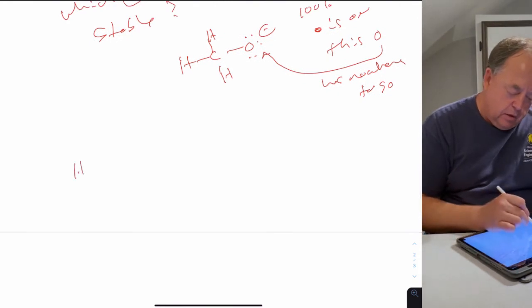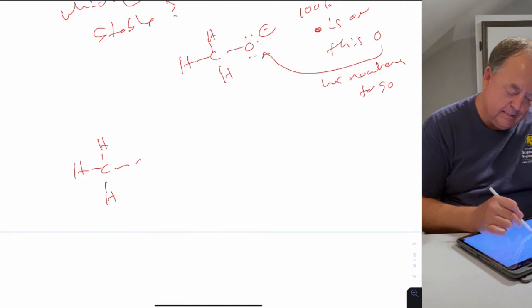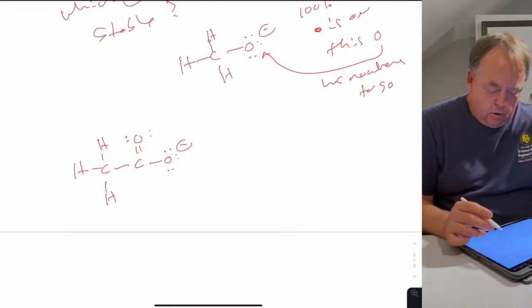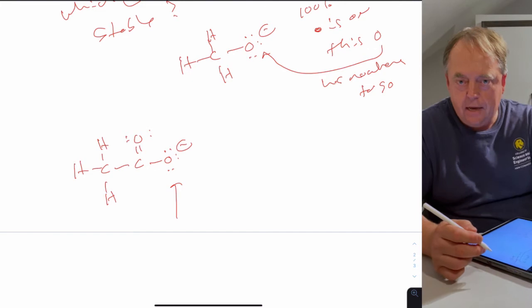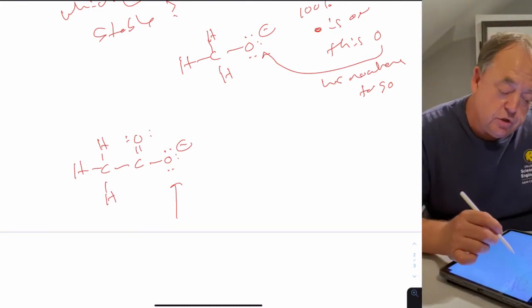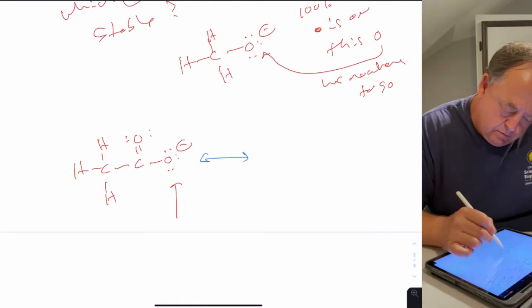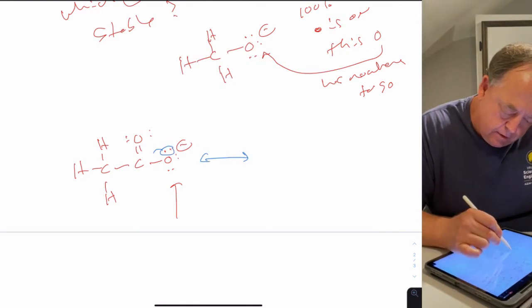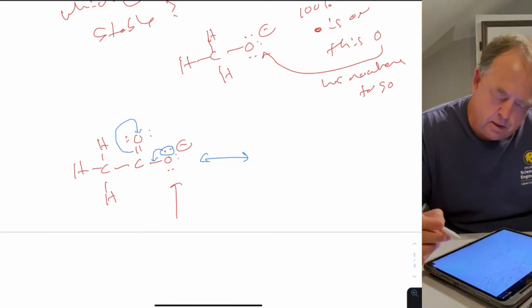But for the other molecule, the conjugate base of acetic acid is acetate. For that, does 100% of the charge sit on that oxygen? And the answer is no. Why not? Because you can do this, right? You can take a lone pair, move it there to make a double bond, and you can take a double bond and make a lone pair.